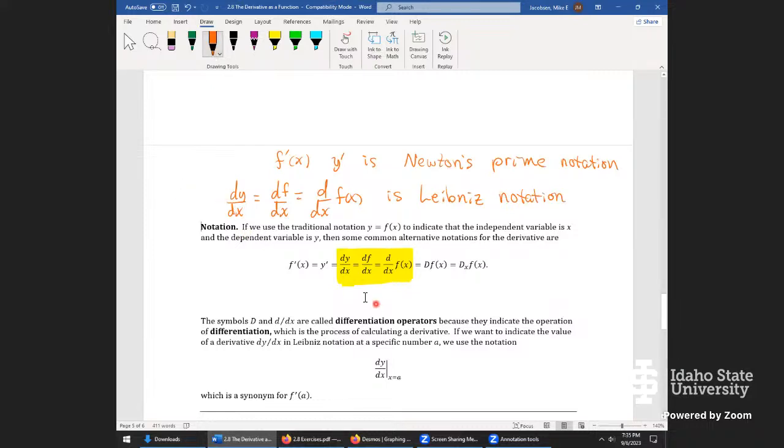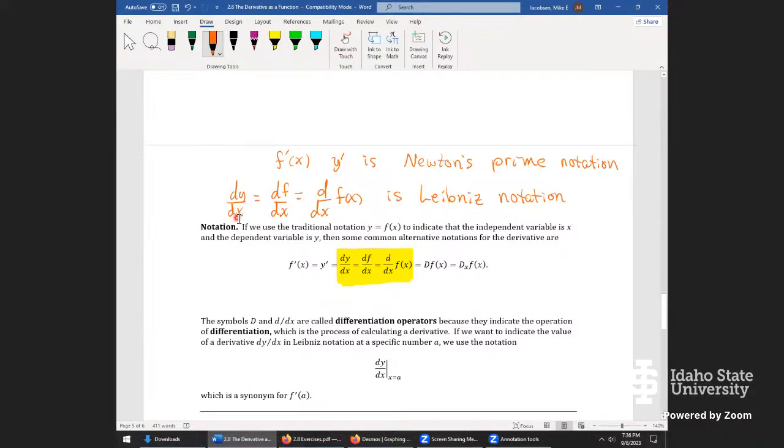So they're all saying the same exact thing. The equalities are just saying we are indicating a derivative one way or another. But this is what Leibniz notation is saying. dy over dx, that's not an actual mathematical fraction. That's just the limit as h goes to 0 of a different quotient. But it's saying you're taking the derivative of y with respect to the independent variable x.